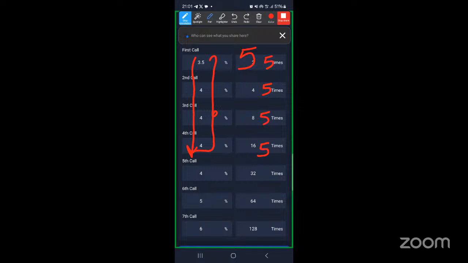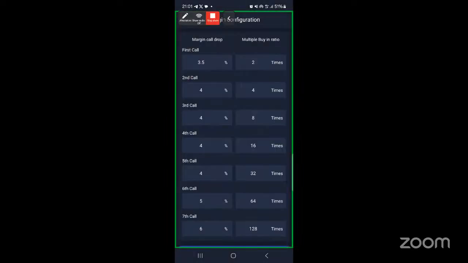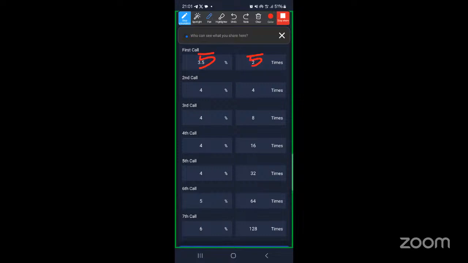Even if you manipulated the app, because manipulating simply means the first position, which is the first buying amount, the robot will enter $5, the minimum. Are you seeing that? It means the first margin call is going to enter $5 minimum. I'm assuming you are manipulating the app.